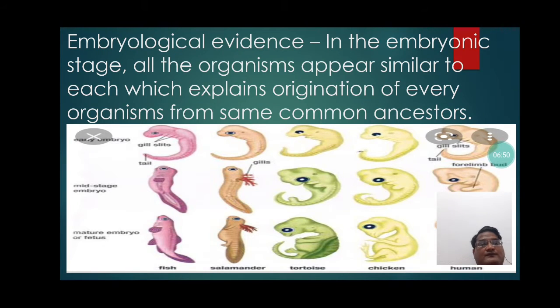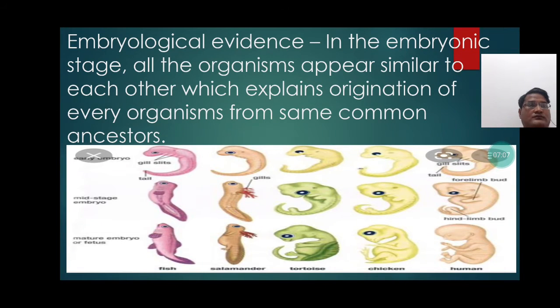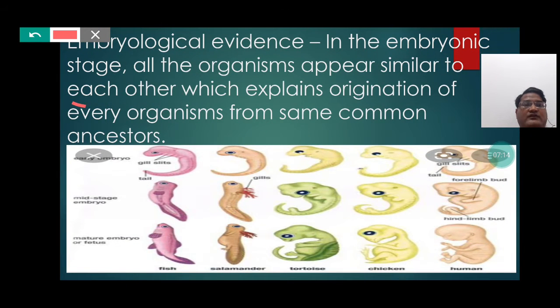Embryological evidence. In the embryonic stage, all the organisms appear similar to each other, which explains origination of every organism from same common ancestors.